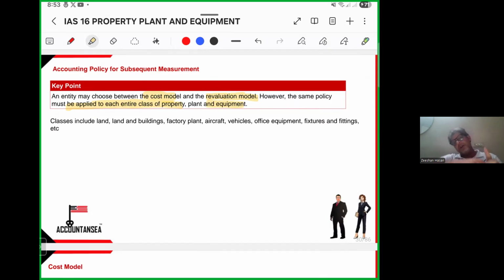If you choose reducing balance for the machineries, apply reducing balance on the entire class. So classes include land, land and buildings, factory, aircraft, vehicles, office equipment, fixtures and fittings, etc.